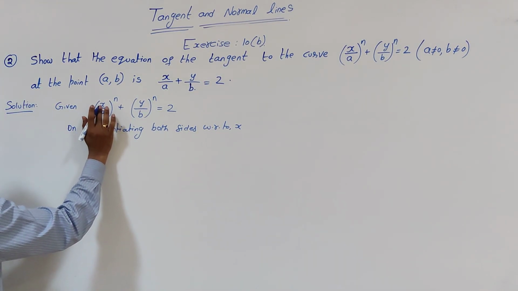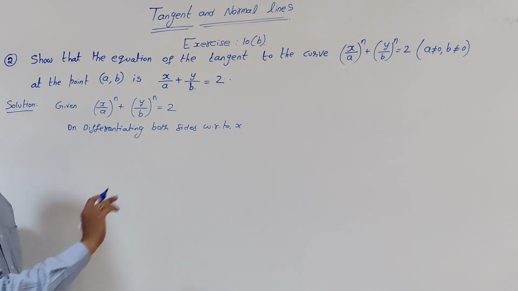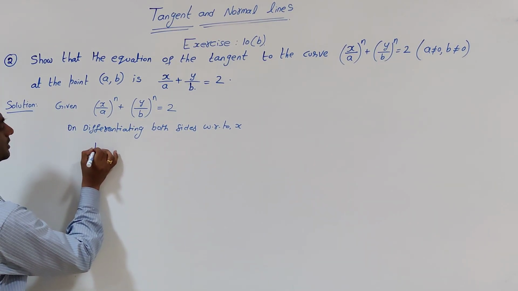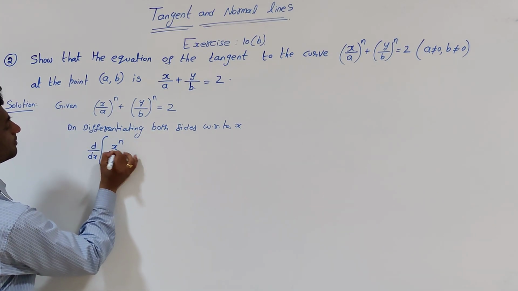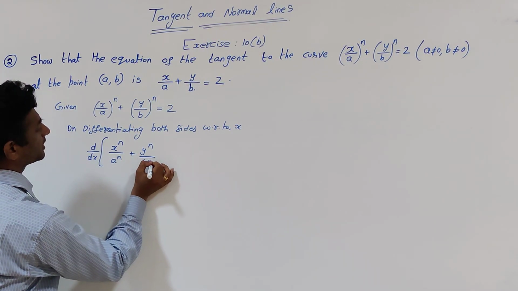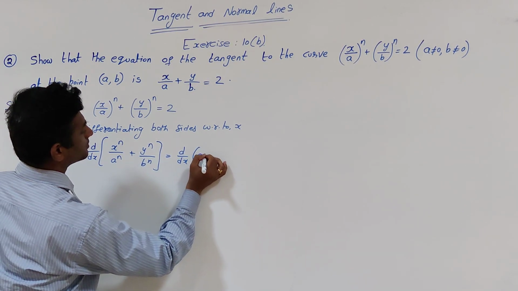As it is x to the power of n by a to the power of n, 1 by a to the power of n is constant. In this, 1 by b to the power of n is constant. So it is d by dx of x^n/a^n plus y^n/b^n is equal to d by dx of 2.